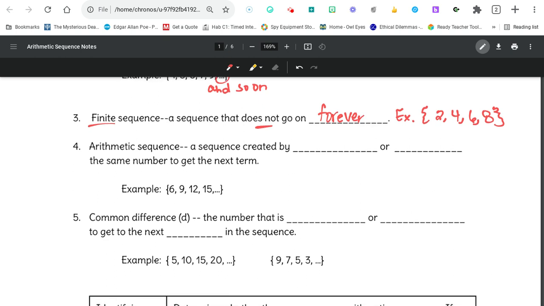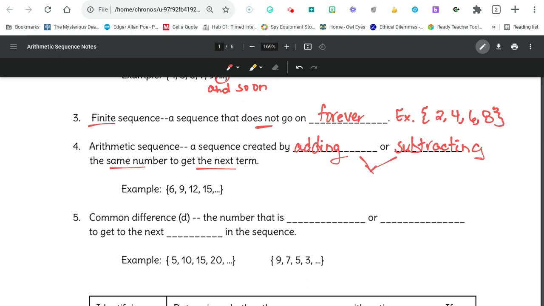If you look at number 4, it says an arithmetic sequence is a sequence created by adding or subtracting the same number to get the next term. You have some constant, whatever we add or subtract.